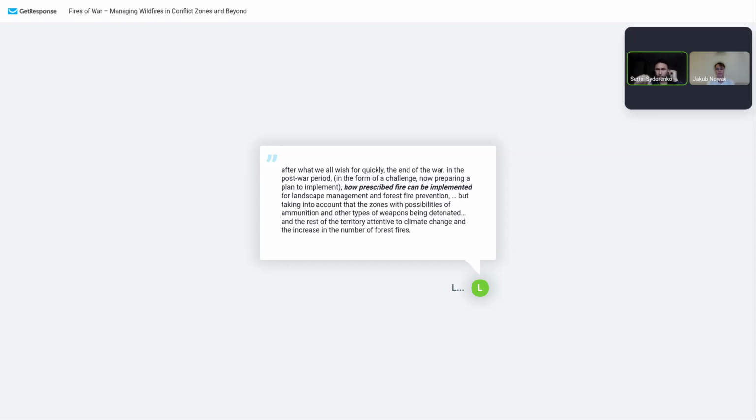So a combination of all of these layers will give us an understanding of where and how we can use fire as a tool. But when we talk about prescribed burns in these polluted areas, of course, we don't mean that we will send people into those areas with drip torches. For these areas, we will probably use drones and robotic systems for sure.